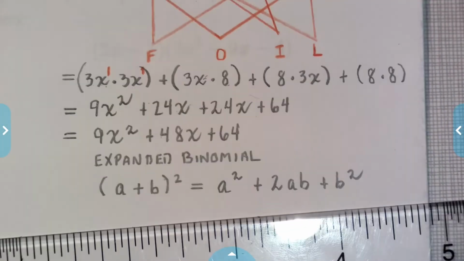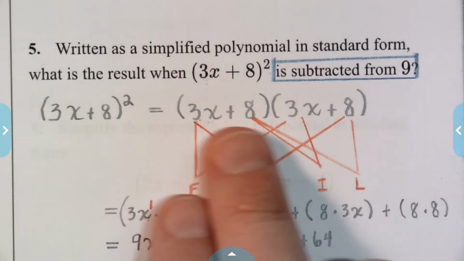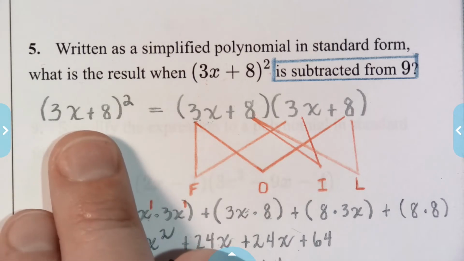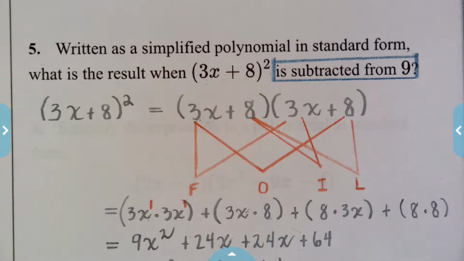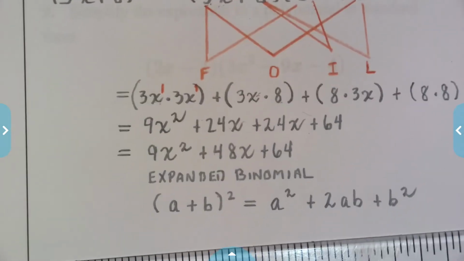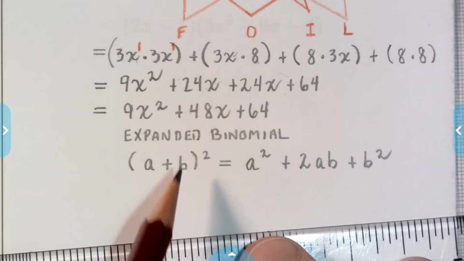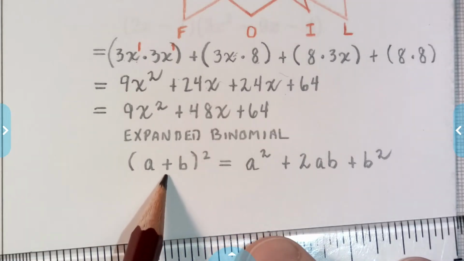Now, I'm not asking you to memorize that, okay? If you need to use FOIL or box to expand squared binomials for the rest of your life, fine. It works just fine. But you'll get the same answer. And if you can remember this, there's another one for the difference.